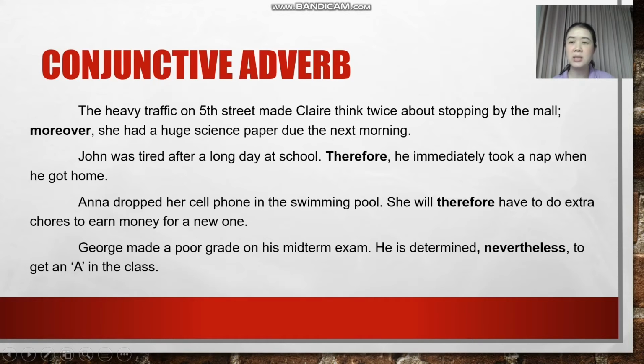So in this case, that will be the conjunctive adverb. What about another one? John was tired after a long day at school, and then full stop, period, right? And here this is a complete sentence. And if you want to start another sentence, you can just use the conjunctive adverb and then a comma. So it's another story.